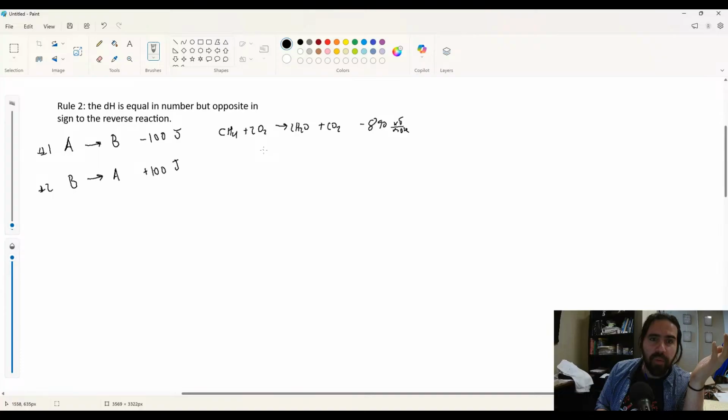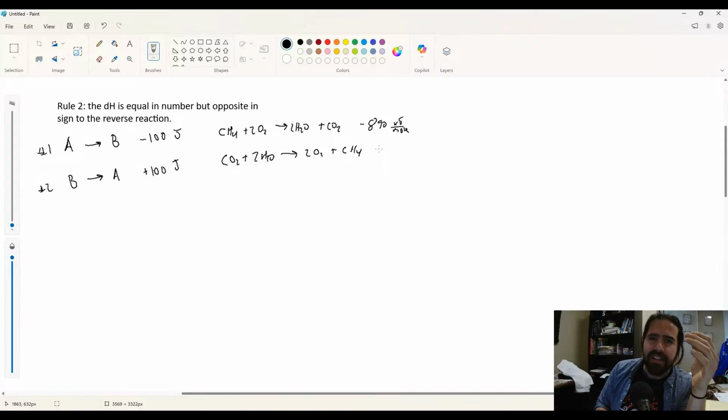Okay. Now let's say that we want to know how much the synthesis of methane would be, the reverse of the combustion of methane, right? If I do this reaction in reverse, CO2 plus 2H2O, so on and so forth, it's the exact same reaction.